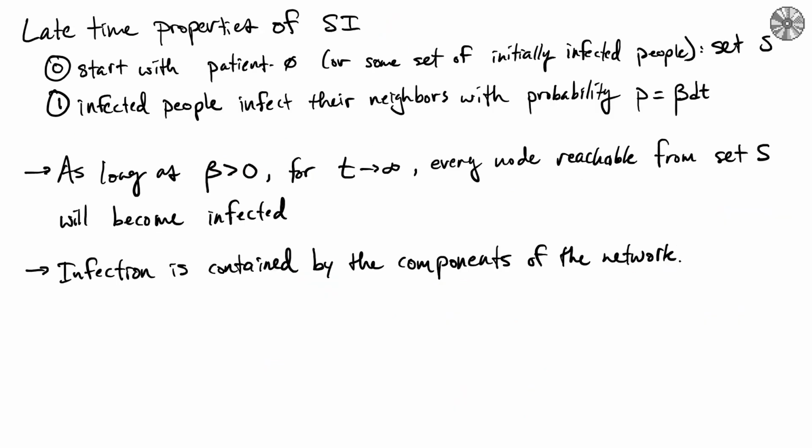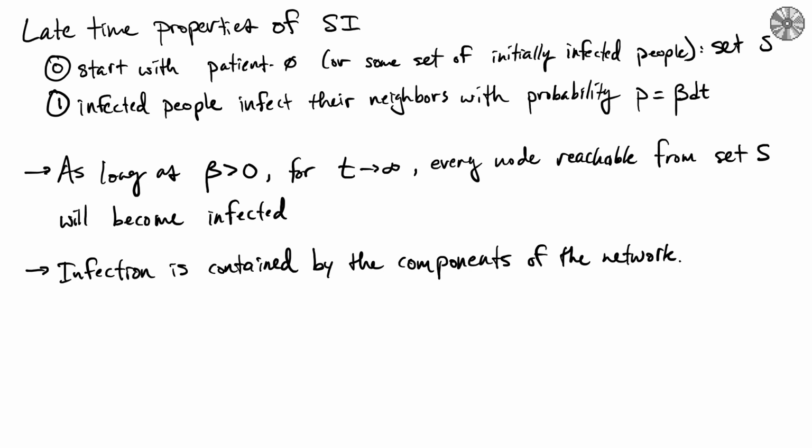So I mentioned that it's difficult to characterize analytically the response of a network to an infection spread, an SIR infection spread. That's because the A matrix can be highly sparse and highly complex, which gives complex behaviors. But one thing that we are able to analyze is the late time properties.